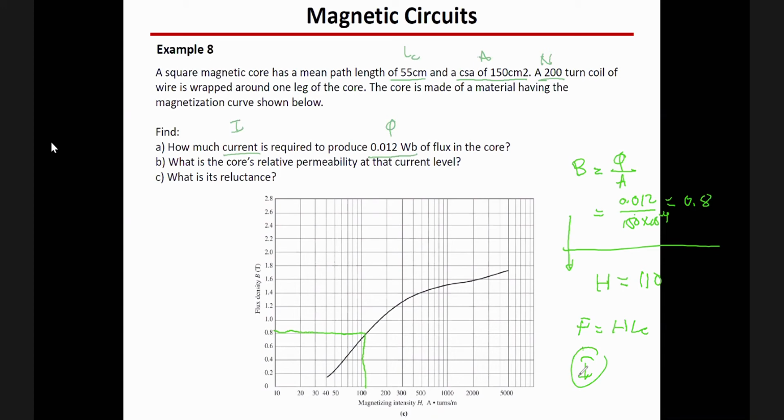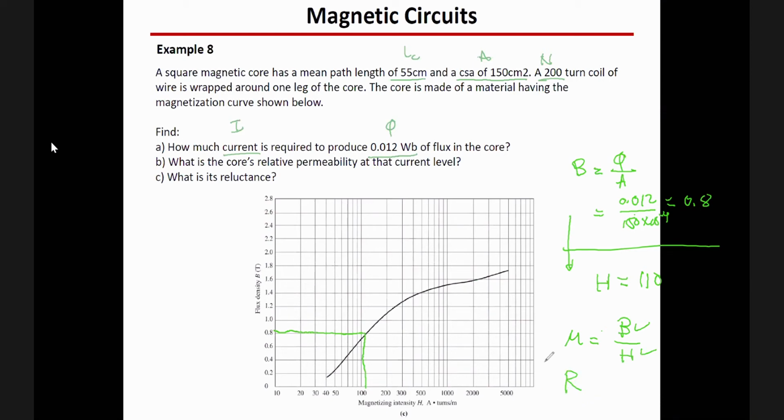Yes. What if someone would like actually to find the reluctance or the equivalent reluctance of this operating point? Well, okay, it's doable. To find the reluctance, you need to find first what's mu. You have B, you have H, and after that you can find the reluctance.